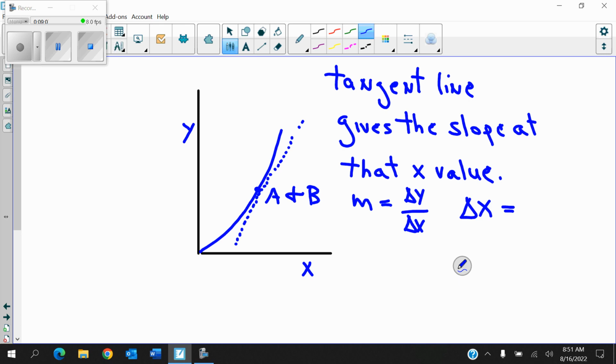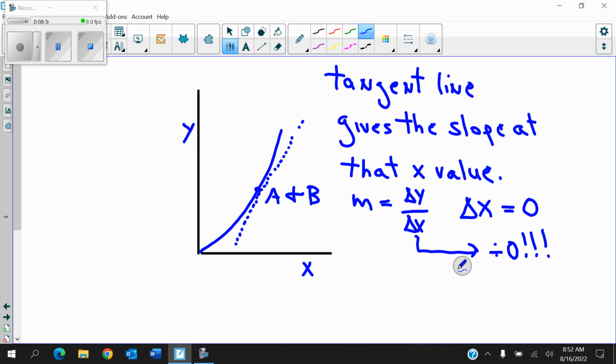They're at the same point. What's the change in X? 0. Thank you for being awake. 0. This causes a problem because we cannot divide by 0. Mathematically absurd.